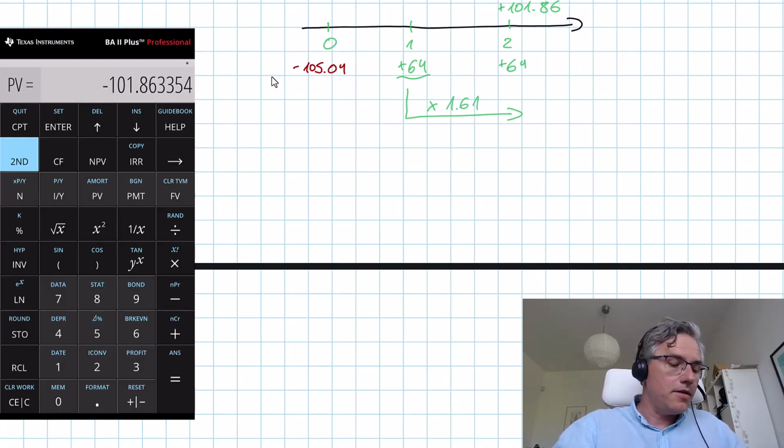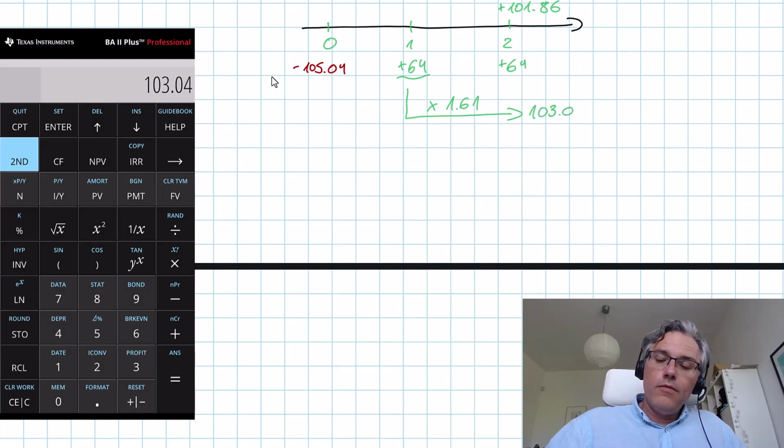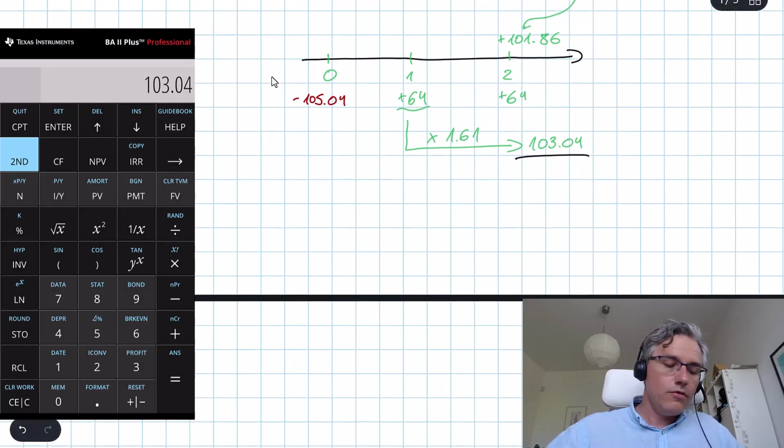So let's see what that is. 64 times 1.61 gives 103.04. Good. Let's see what the total gives over here.